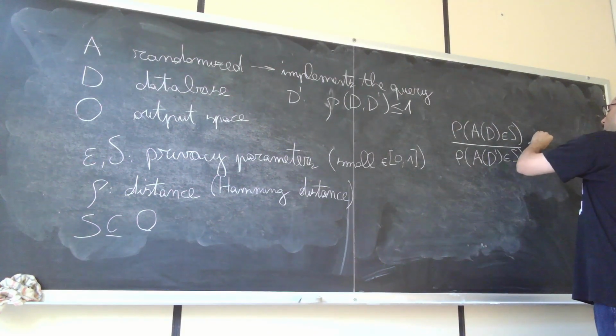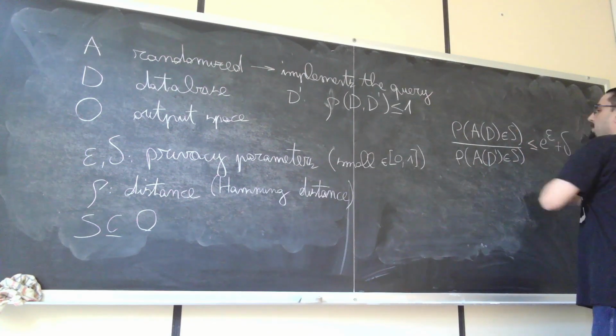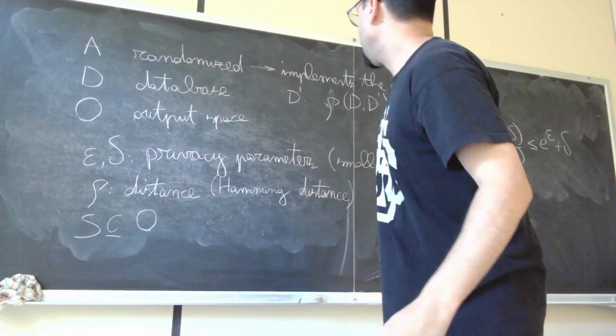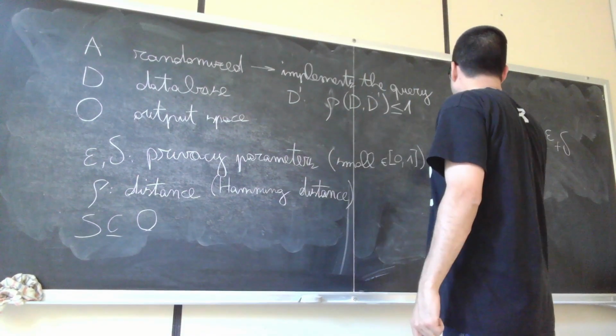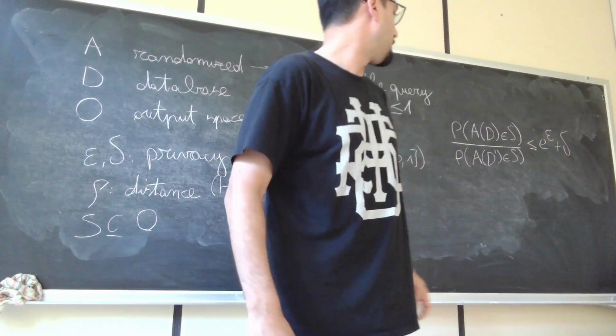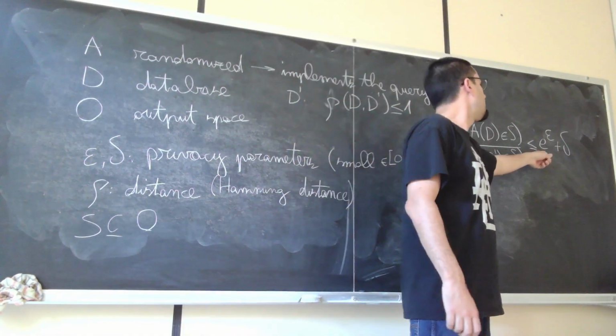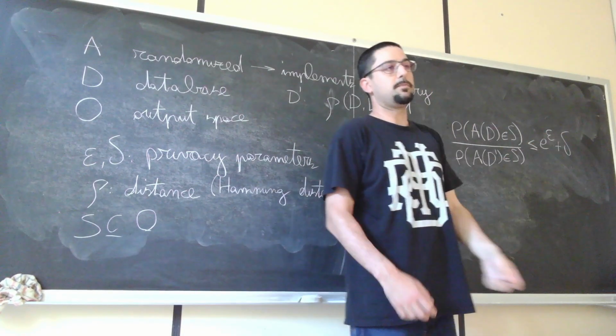This is smaller than or equal to e to the power of epsilon plus delta. So what does it mean? If you do the division between these two probabilities, you get something bounded by a number that is very, very small.